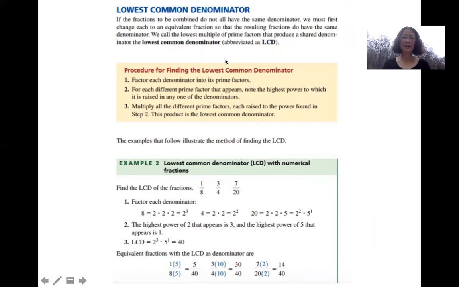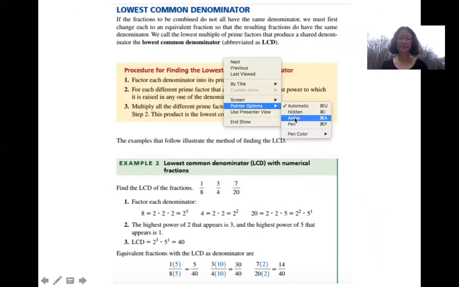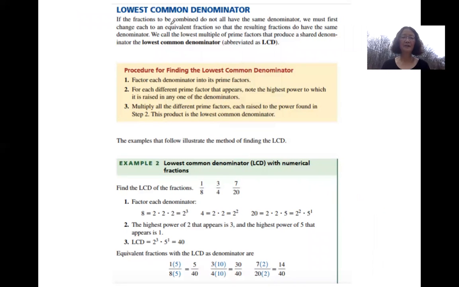So, lowest common denominator. If the fractions to be combined do not all have the same denominator, like these fractions, we must first change each to an equivalent fraction such that the resulting fractions do have the same denominator.